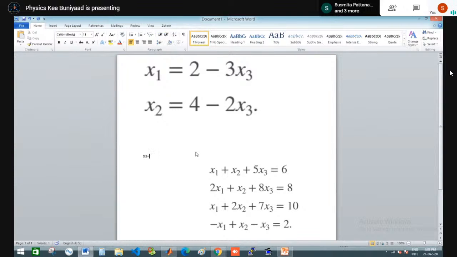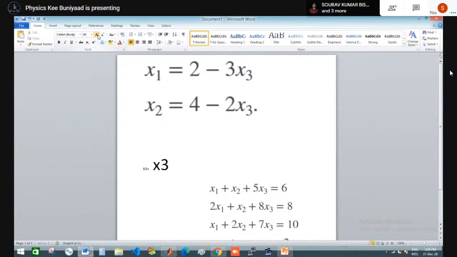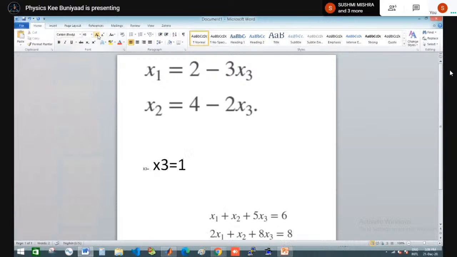Gauss elimination method is that. So suppose x3 equal to 1. Then if you put the value of x3 into equation 1, we will get x1 equal to 2 minus 3, which is minus 1.